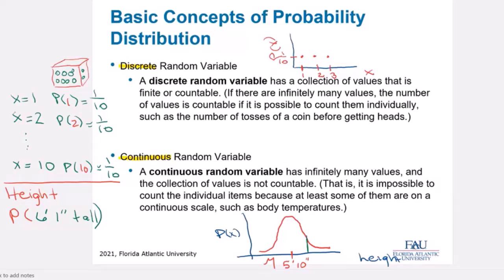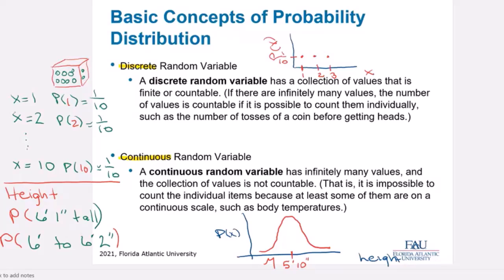But a better way to say this, what's the probability of someone being between 6 feet tall to 6'2" tall? That would include 6.1 as well. Now we actually have two values.